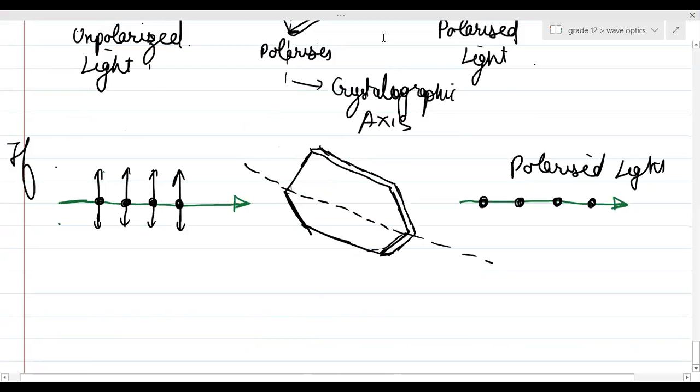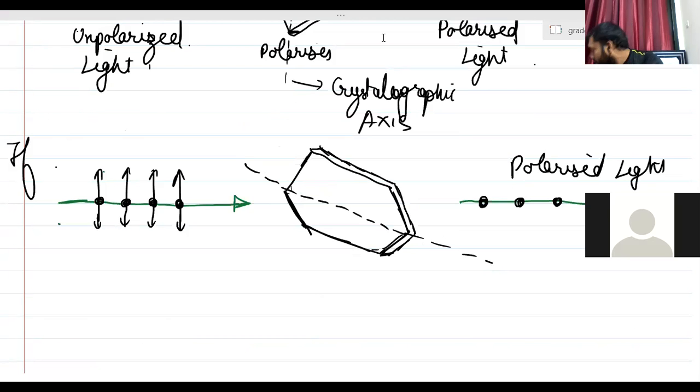Once more I will explain. Guys, suppose the diagram looks like this. This is unpolarized light, right? Yes or no?